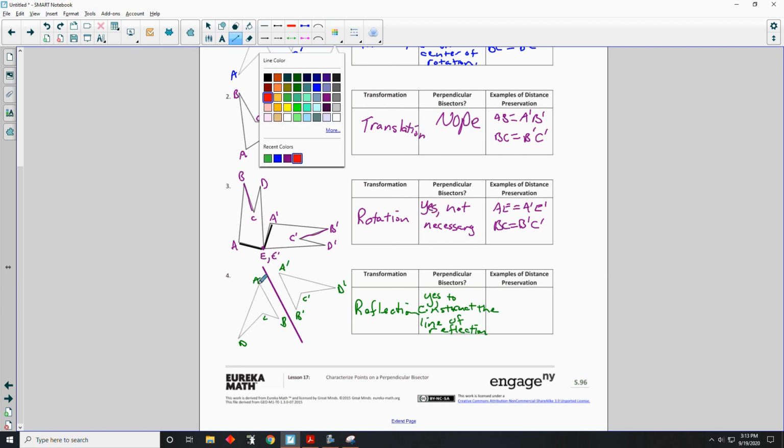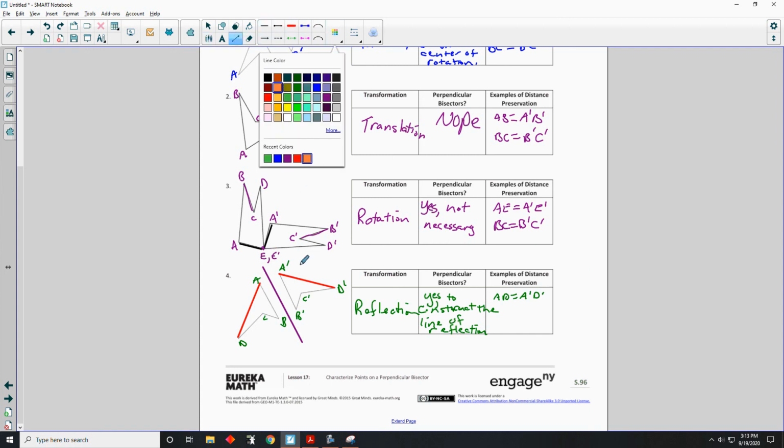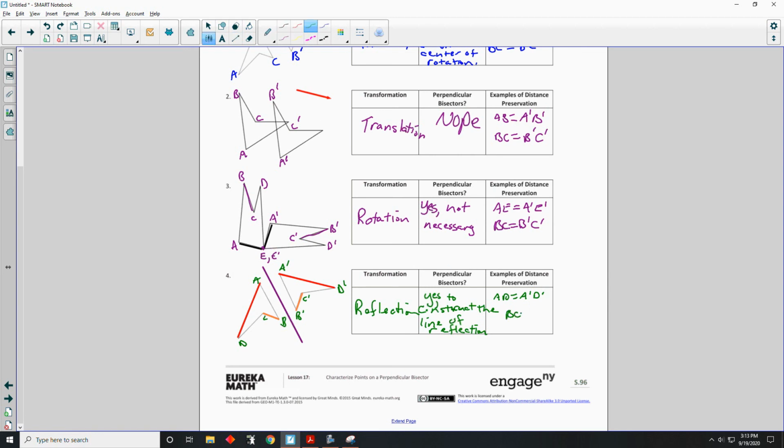I could say A, D is the same length as A prime, D prime. And then another one, doesn't matter which ones we choose. Let's just go with B to C is going to be the same length as B prime to C prime. Okay, so there you have it.